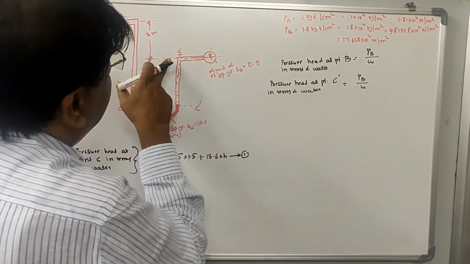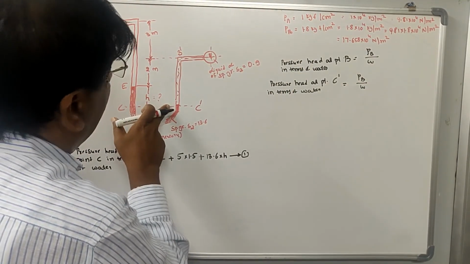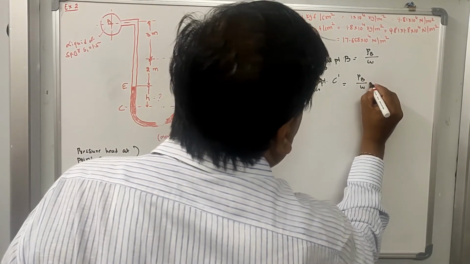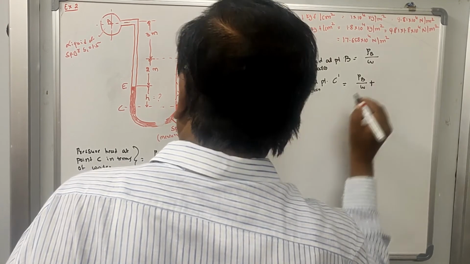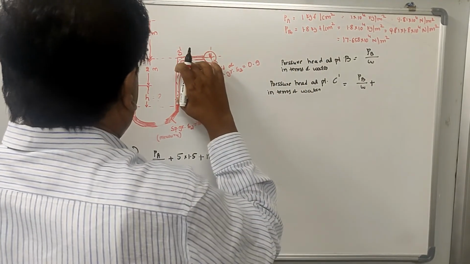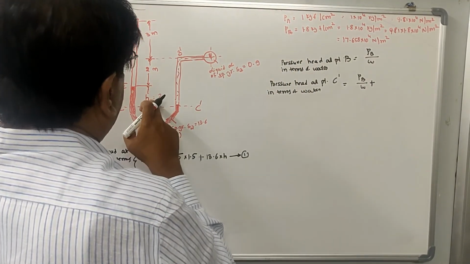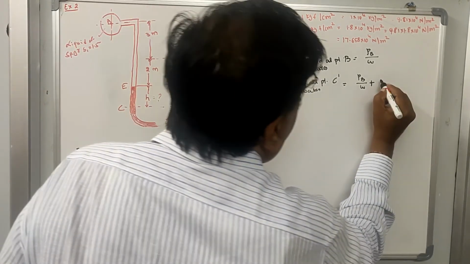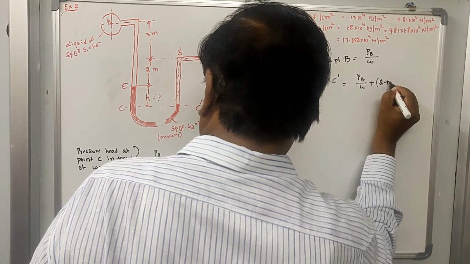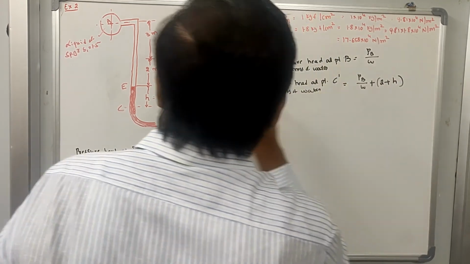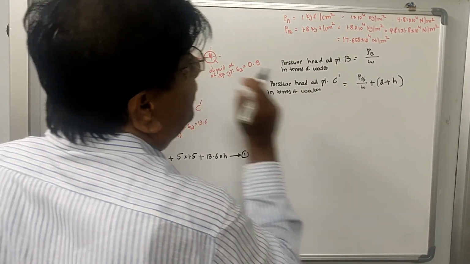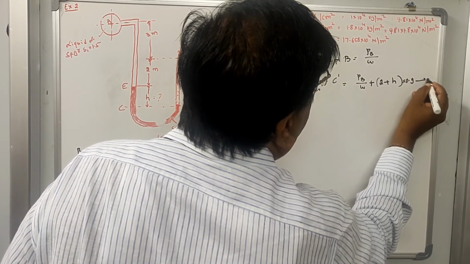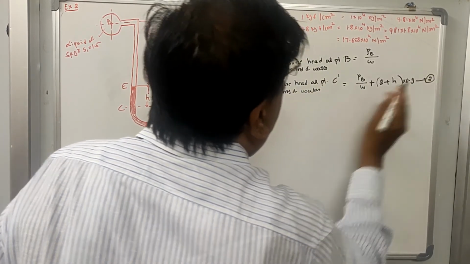See, the next point C dash is lying below point B dash, so you can make use of the positive sign. This column height is 2 plus h. Okay, this total height is 2 plus h, multiplied by the specific gravity of this fluid, which is 0.9. So this is equation 2.